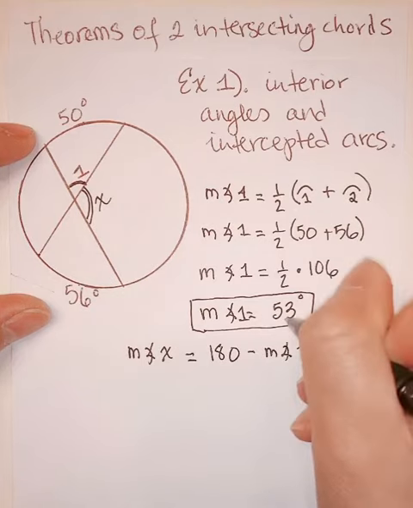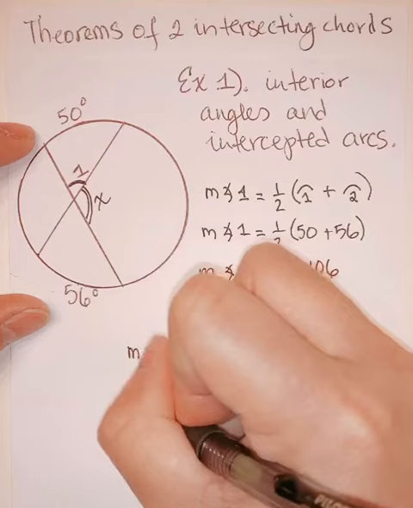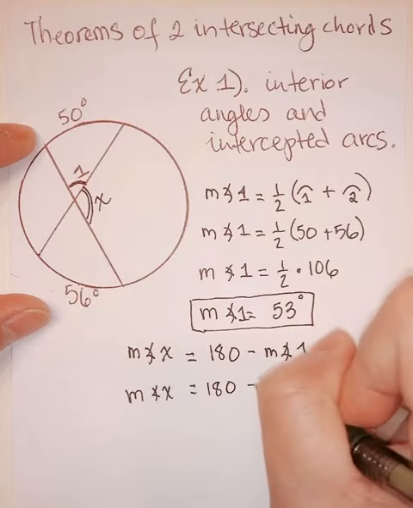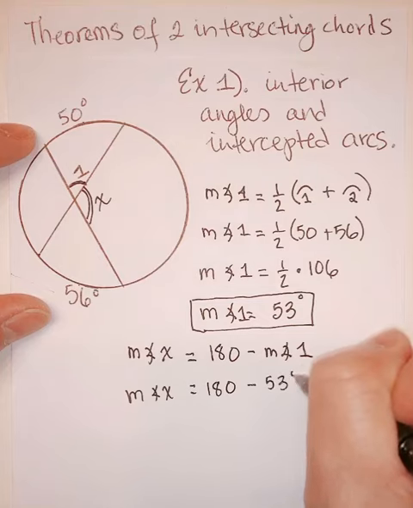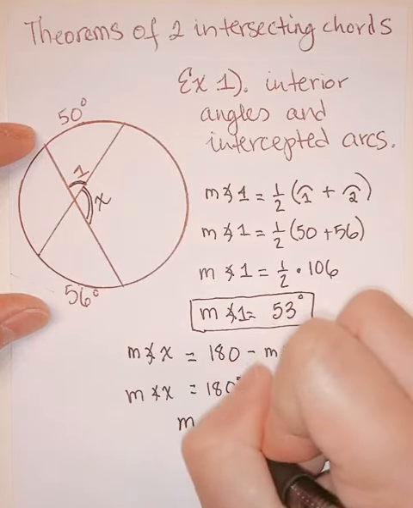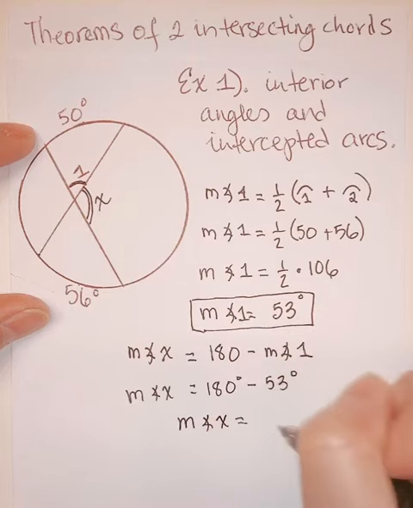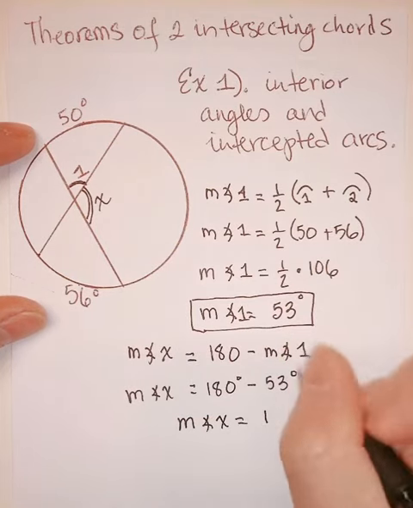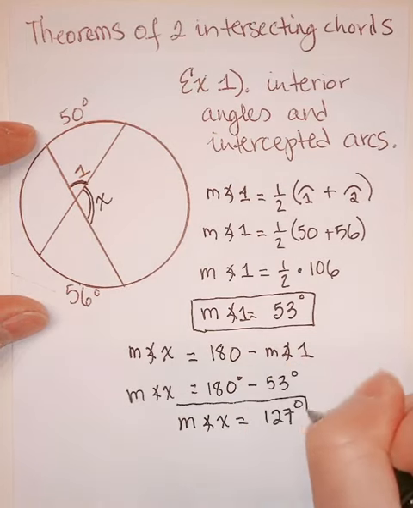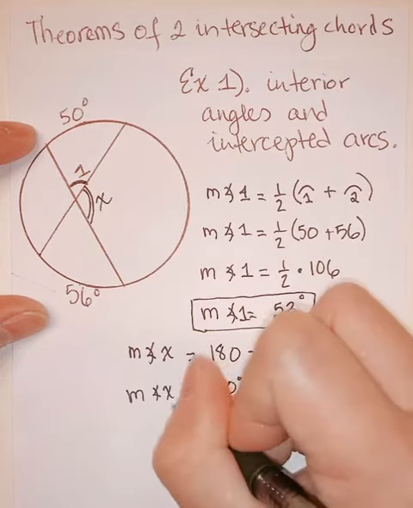Angle 1 we just found, so the measure of angle x is 180 degrees minus 53 degrees, which equals 127 degrees. So it's just subtracting from 180.